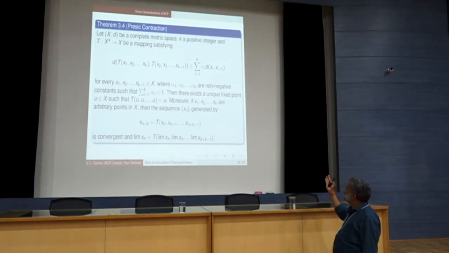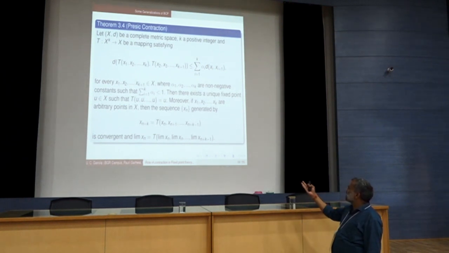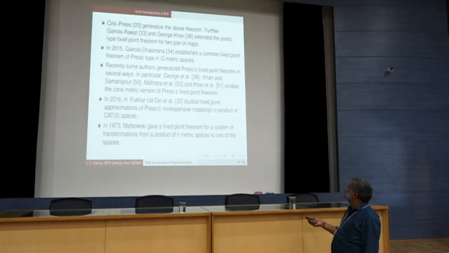Moreover, if x1, x2, ..., xk are arbitrary points in X, then the sequence generated by x_{n+k} equal to this is convergent, and the limit of x_n is equal to u, and you can find the limits.